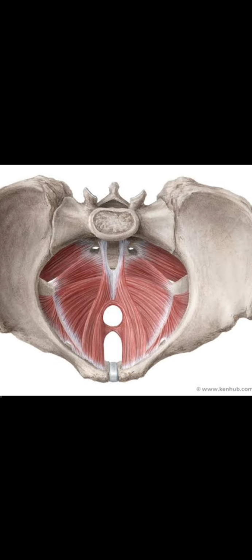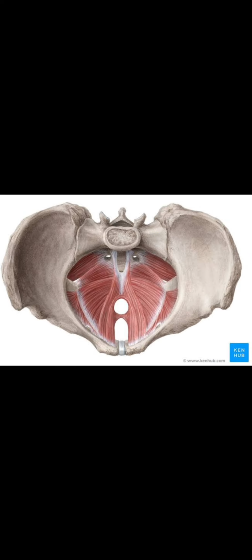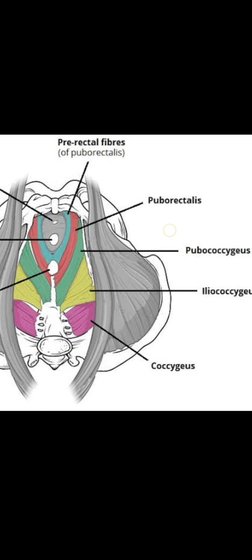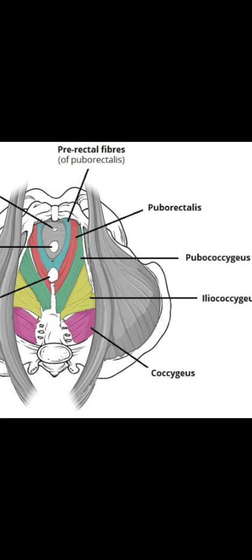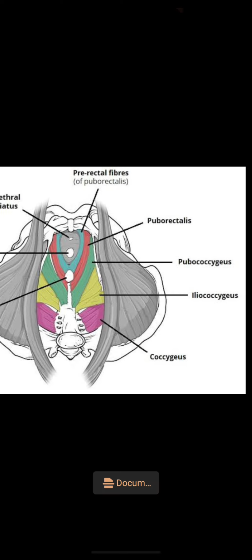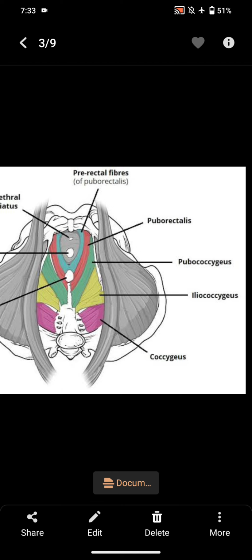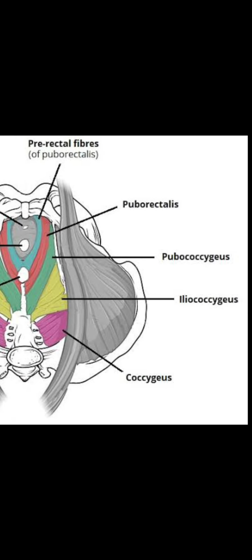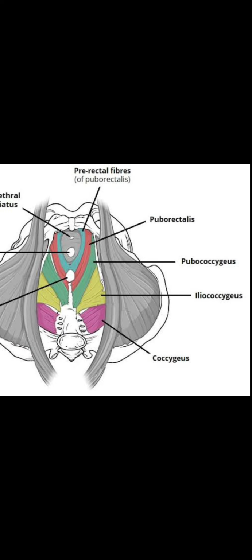It is made up of three sets of muscles, which are puborectalis, pubococcygeus, and iliococcygeus. These are the three sets of muscles which comprise the pelvic floor, and together they are called levator ani.